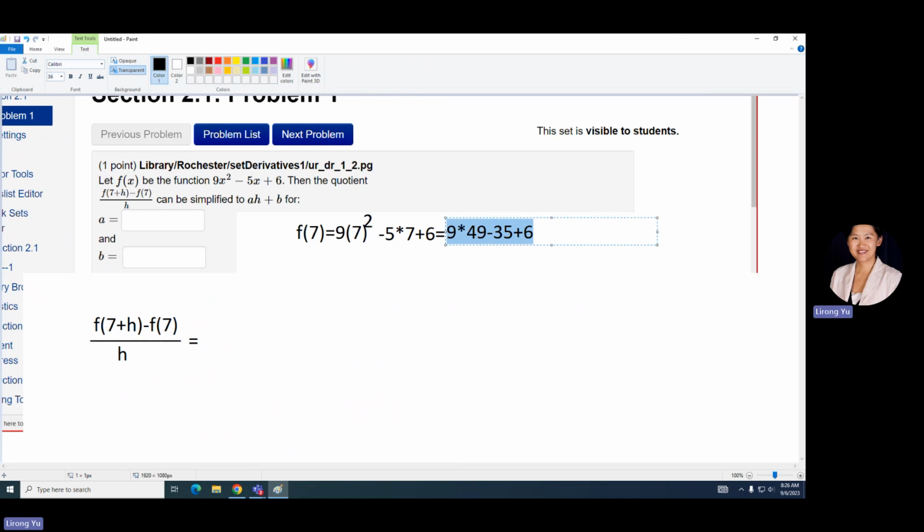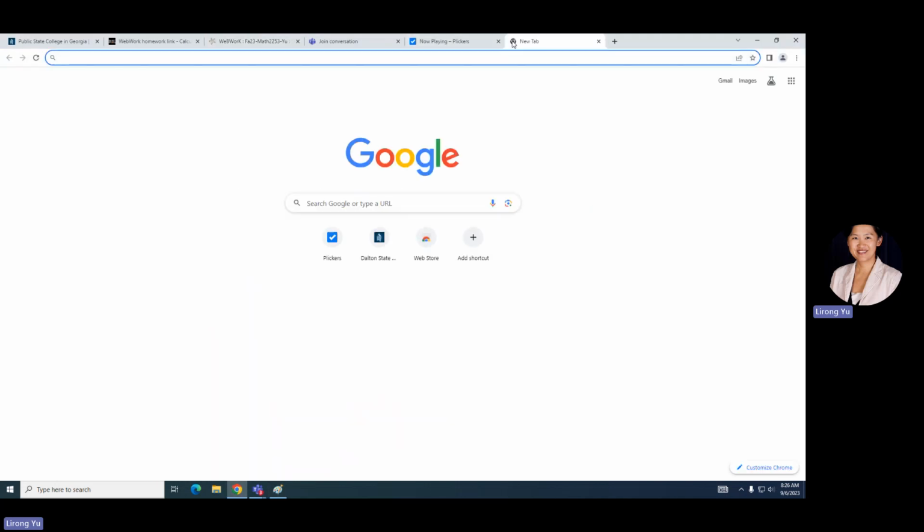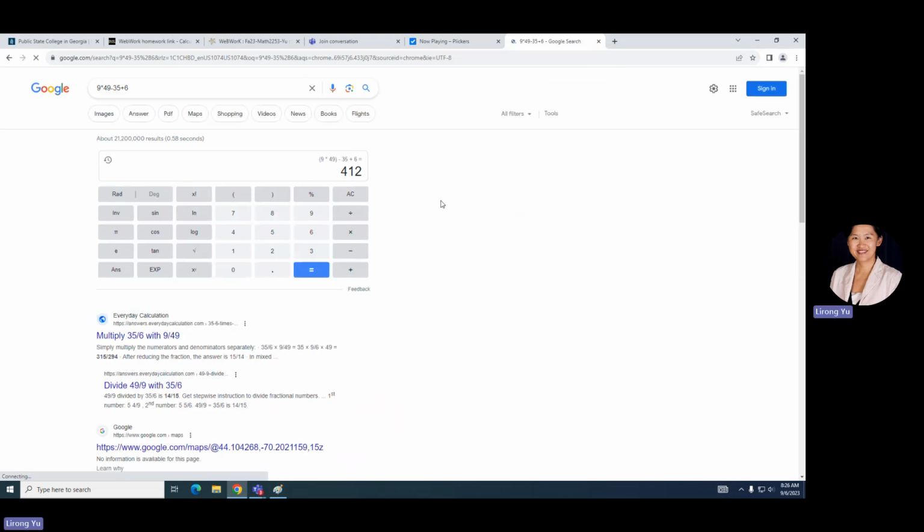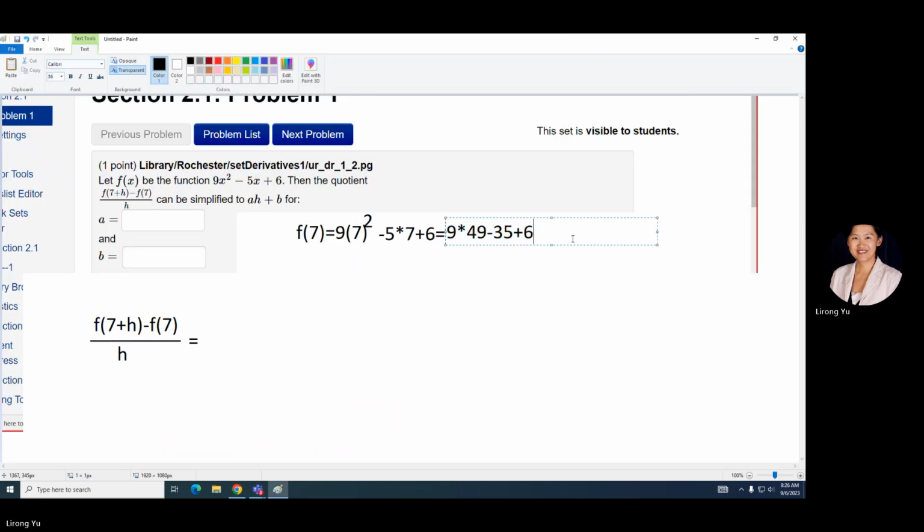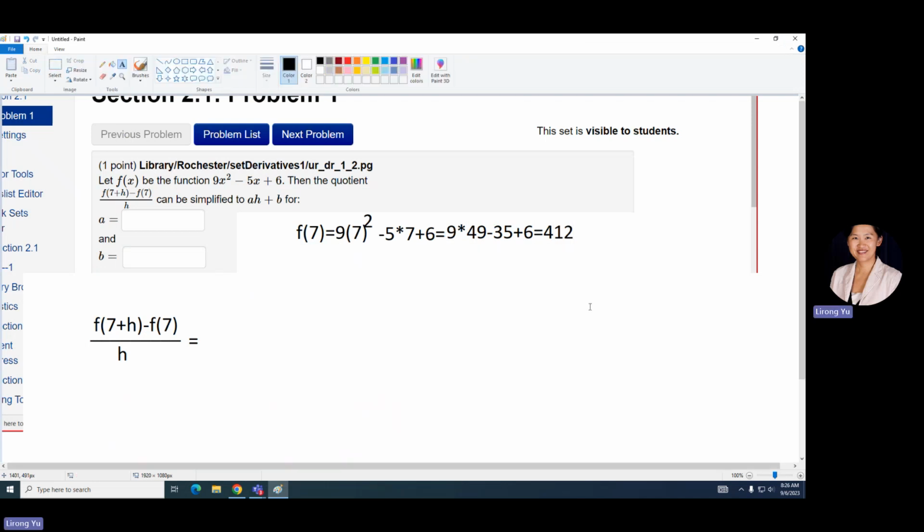We can pop this into a calculator just to save time. So it's 412. So this part is minus 412.